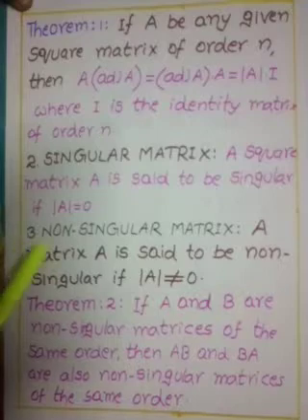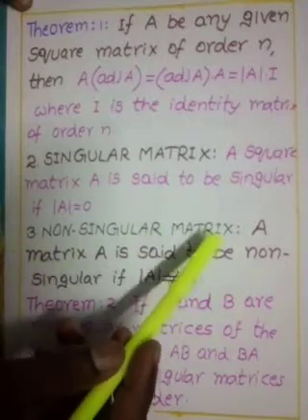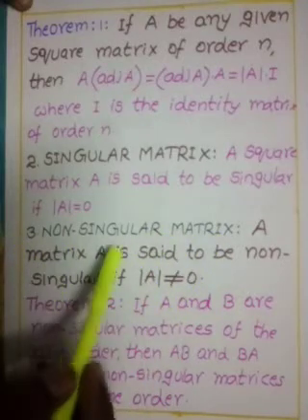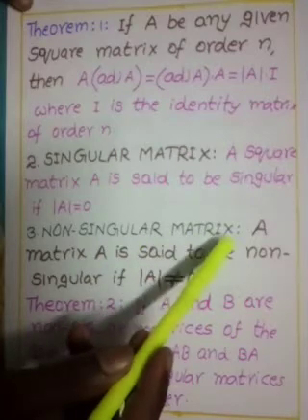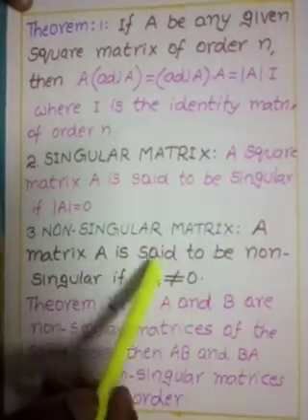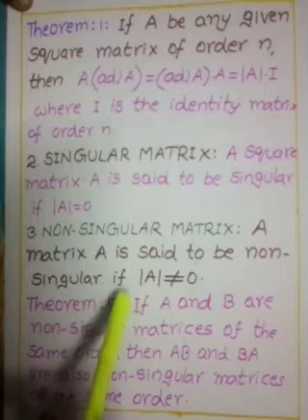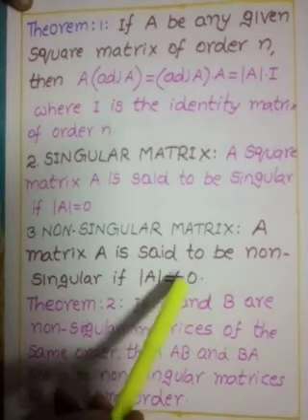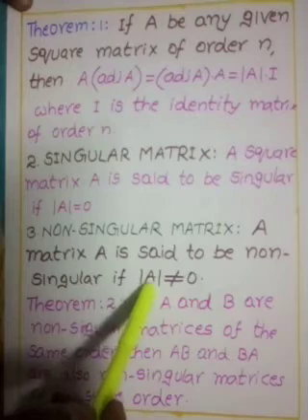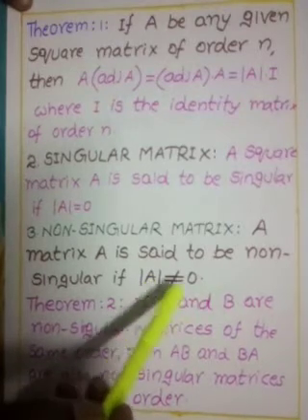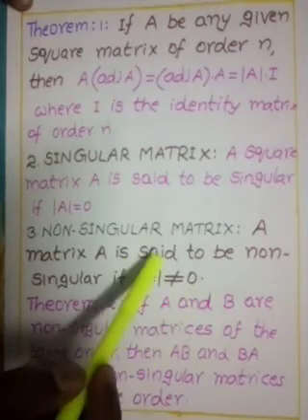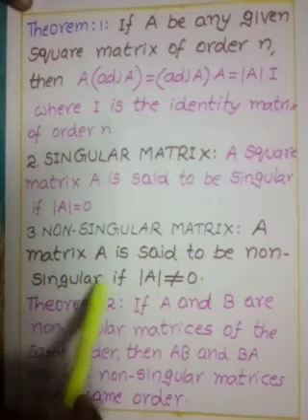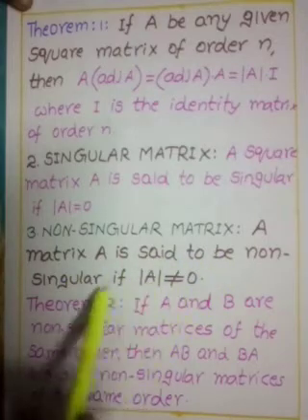Non-singular matrix. A matrix A is said to be non-singular if det A is not equal to 0. If the determinant of a square matrix A is not equal to 0, then the matrix A is said to be non-singular.